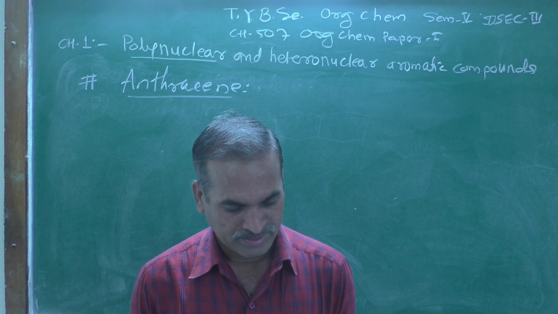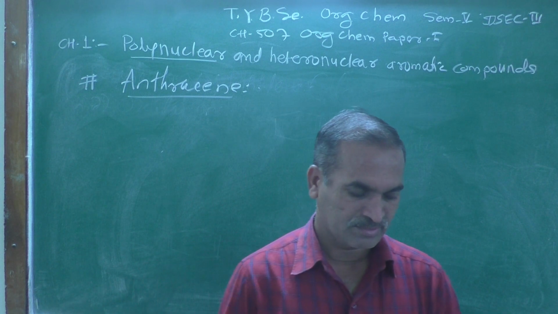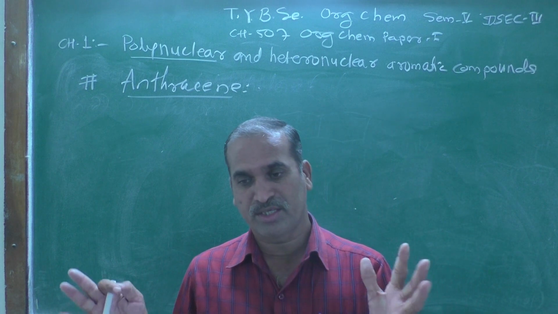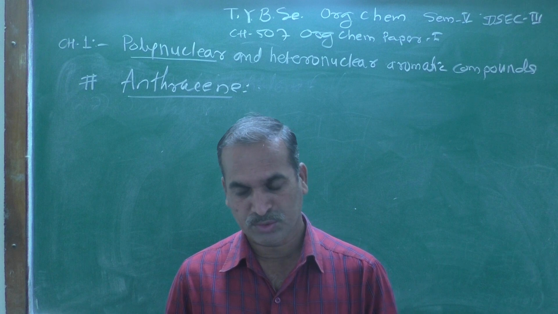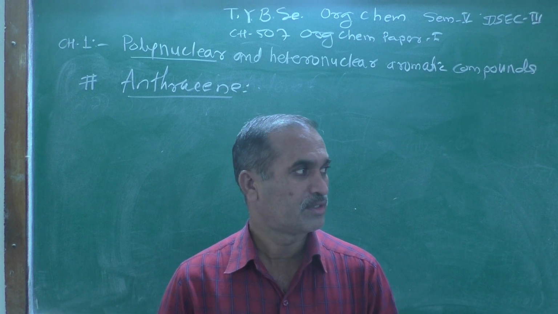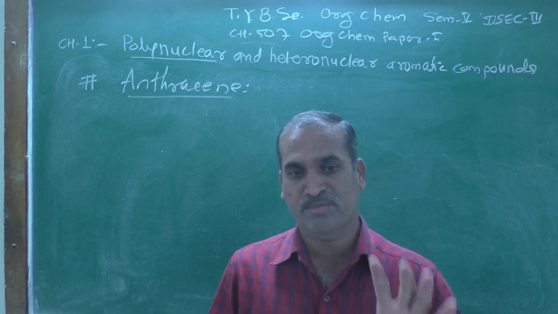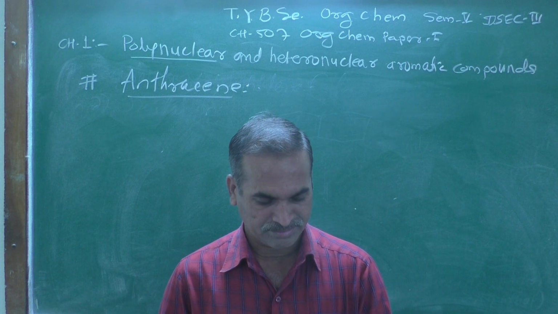So anthracene is tricyclic. Naphthalene has two cycles fused together, but here tricyclic means three cycles are present.